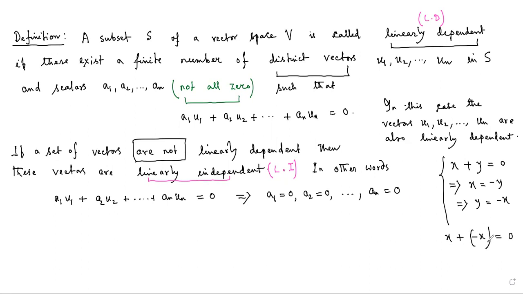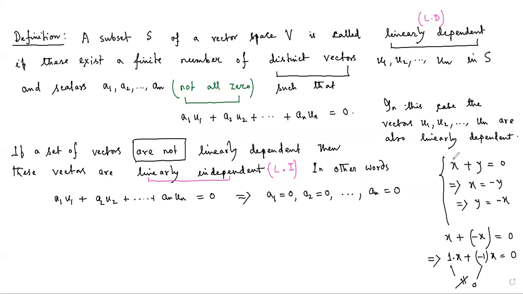This in turn implies that we can always represent x as 1 into x, and minus x as minus 1 into x, whose sum is 0. But these scalars 1 and minus 1 are not equal to 0.